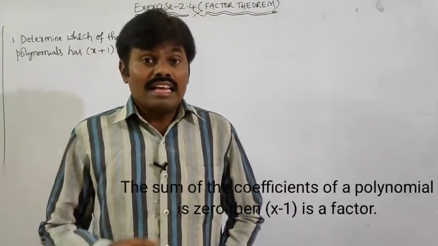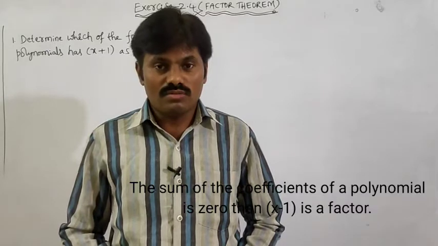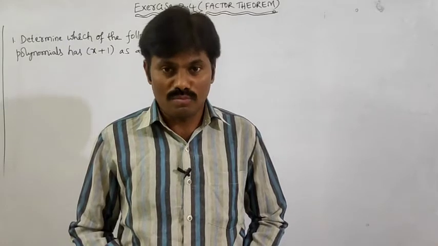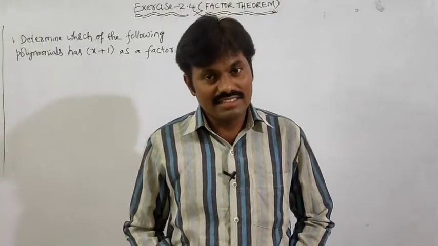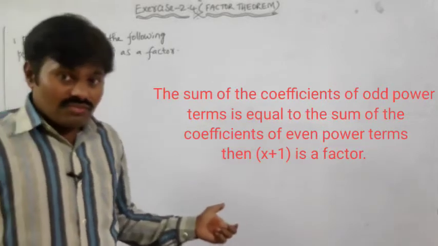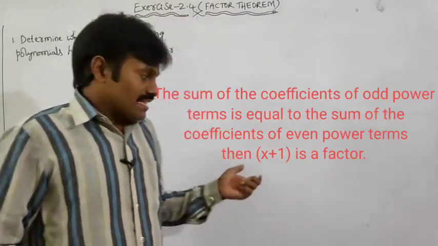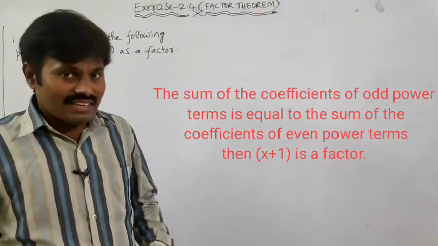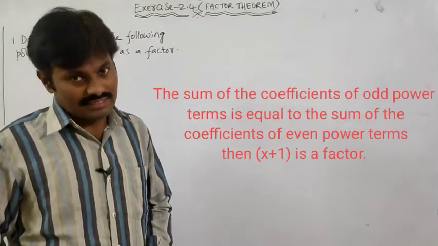The first rule: if the sum of the coefficients of all the terms present in the polynomial is equal to 0, then we can say that x minus 1 is a factor of the polynomial. And the second condition: if the sum of the coefficients of odd exponent terms is equal to the sum of the coefficients of even power terms, then we can say that x plus 1 is a factor of the given polynomial p of x.